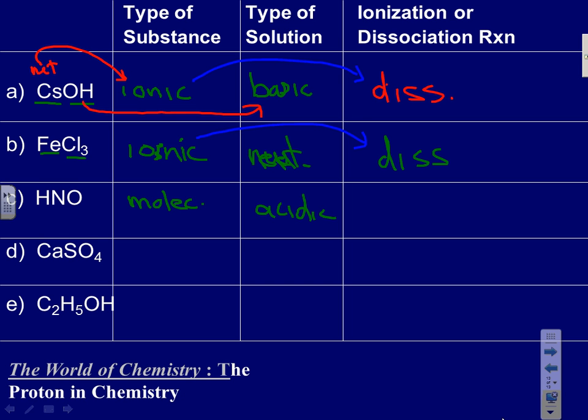When it breaks apart, what's it going to do? Ionization. Because when it's a molecule, it's like they're holding hands, right? We've got the bond in there. This is ionization. Why? Because when it's molecular, it's ionization.